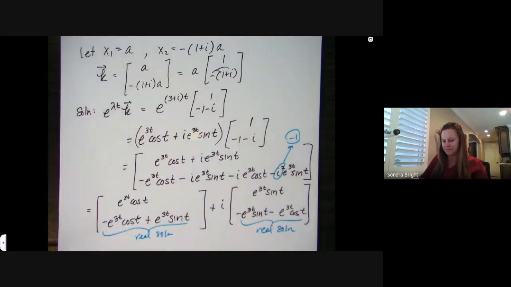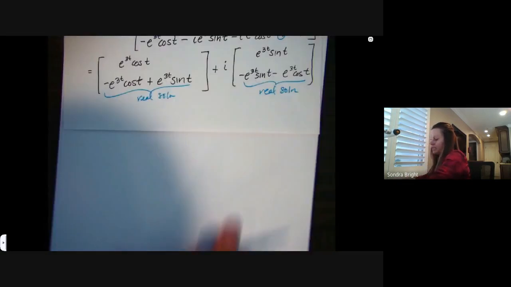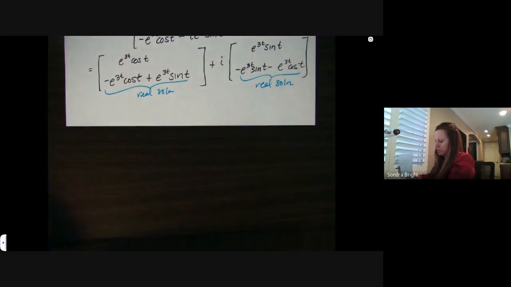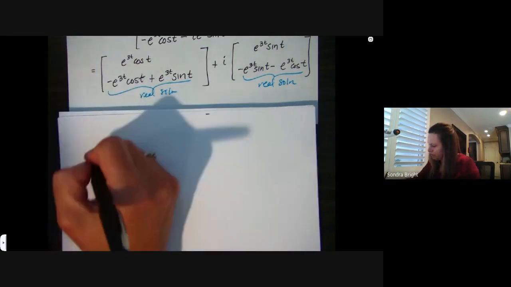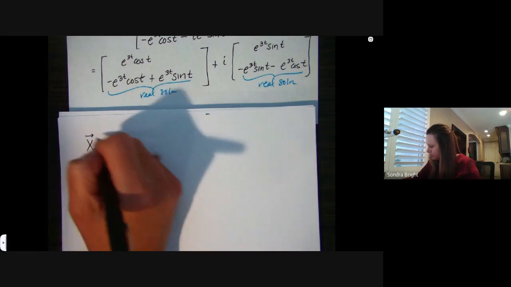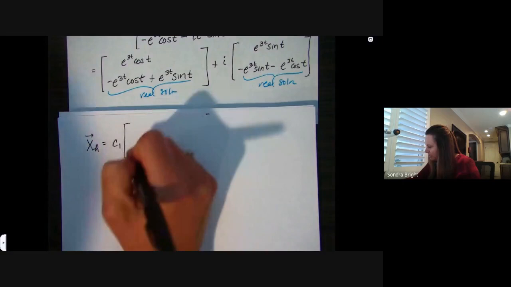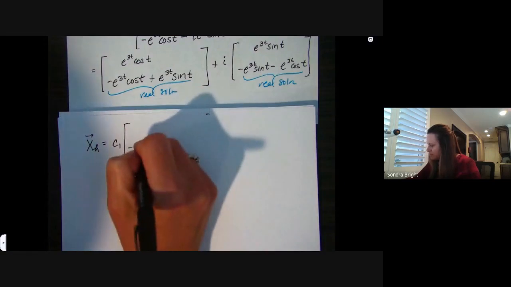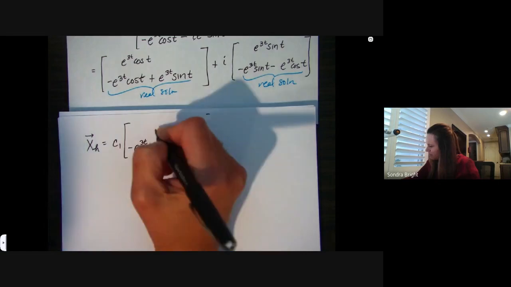And so your answer is the linear combination of these two real solutions. Your homogeneous solution is C1 times the first matrix. I'm going to write the bottom one first so that it's neater: cosine of t plus e to the 3t sine of t, e to the 3t cosine of t.